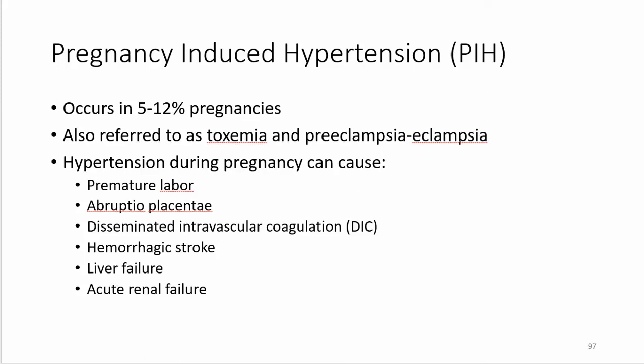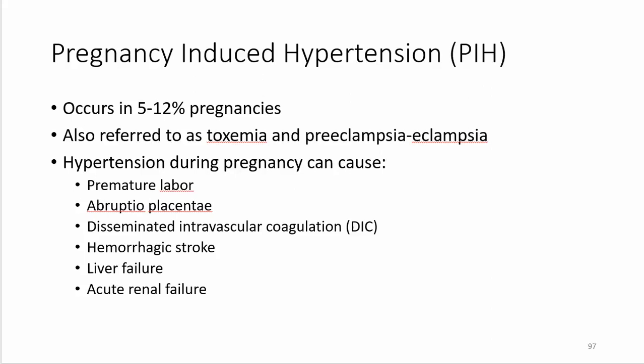But basically what happens is hypertension happens in pregnancy, oftentimes because of the increased workload and the increased resistance of putting blood through the placenta and nourishing the baby.